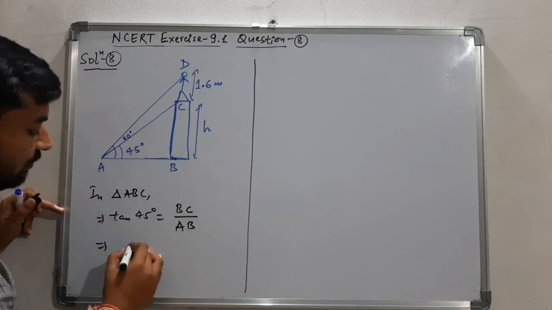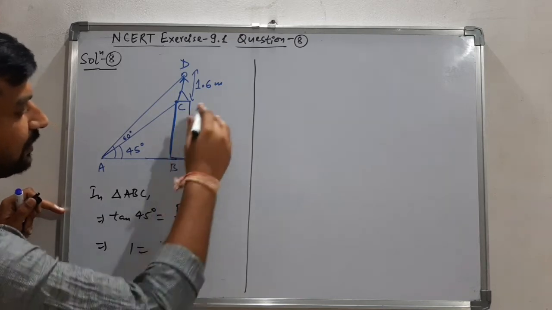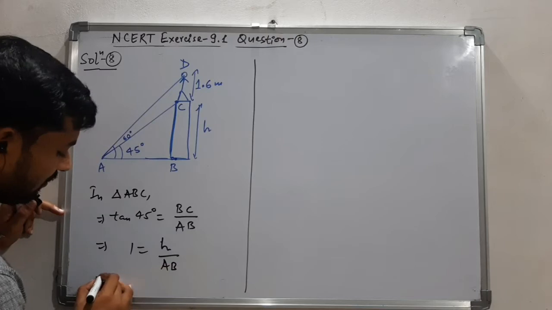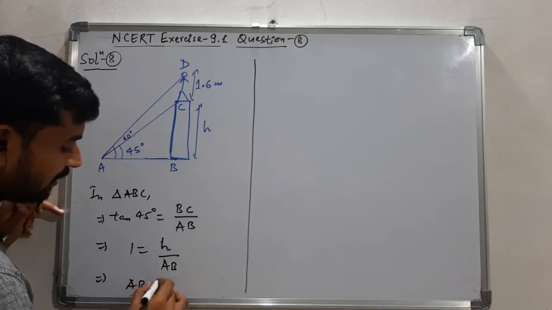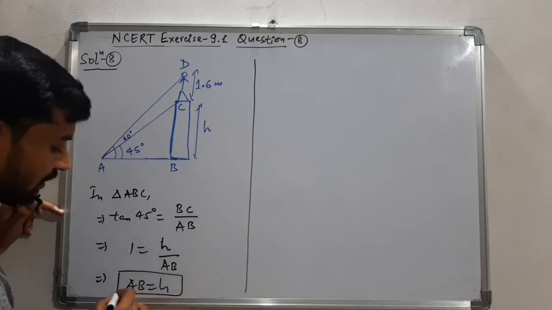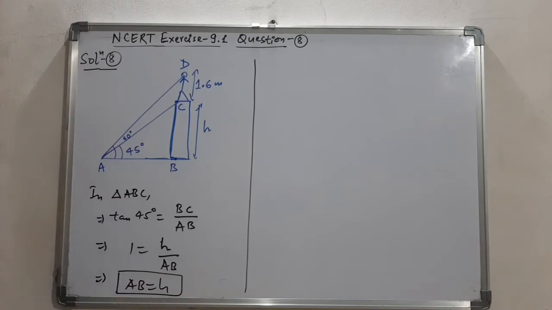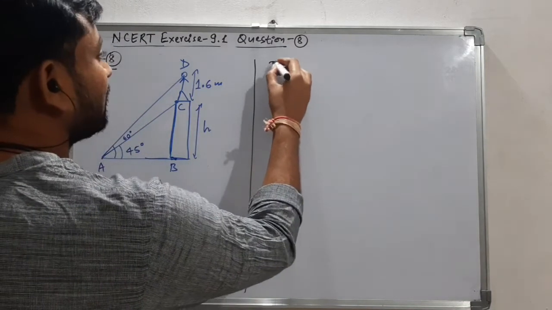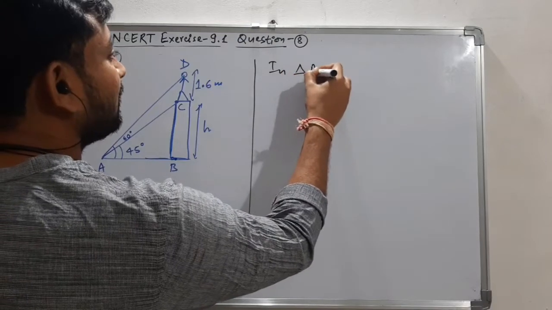The value of tan 45 is 1, so BC we are taking as H and AB. So from here we are getting AB the same as the height of the pedestal, that is H. Now we will use this situation to find the second ratio. We will consider the triangle ABD.